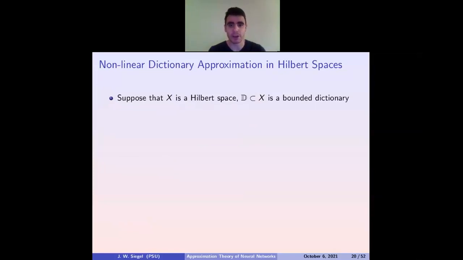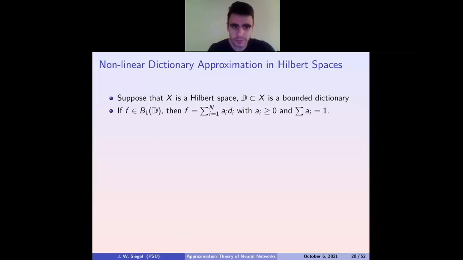The key argument here, the sampling argument, goes as follows, and this is for general nonlinear dictionary approximation in Hilbert spaces. So here, let's suppose that my space X is a Hilbert space. I've got some dictionary functions in X, and I'm going to consider some function in the convex hull of this dictionary.